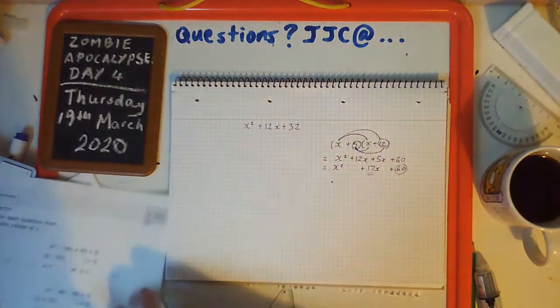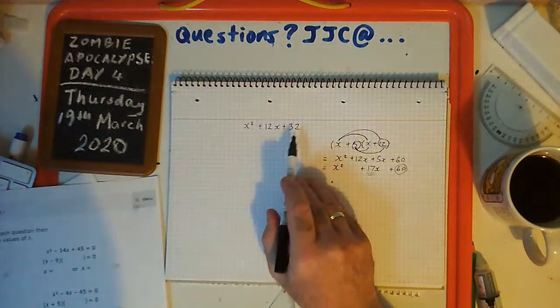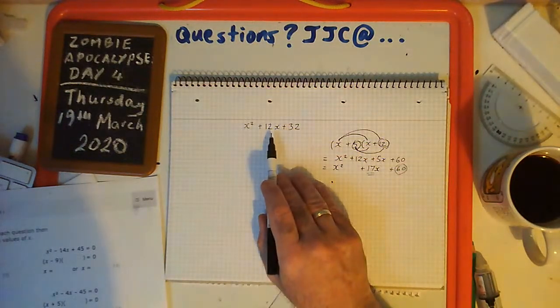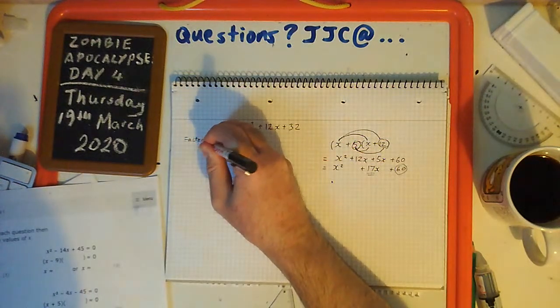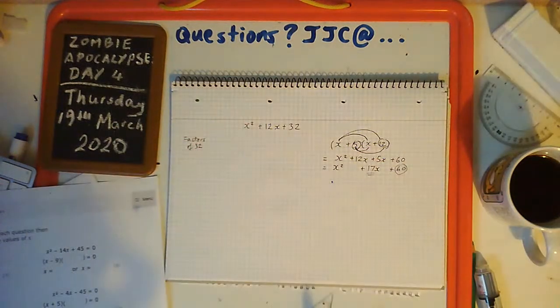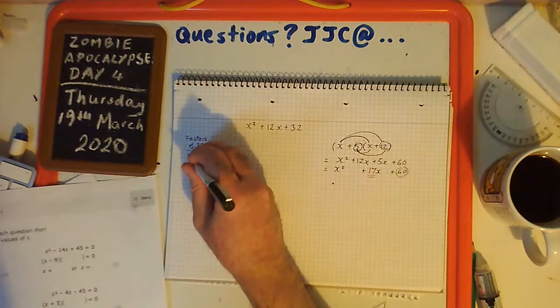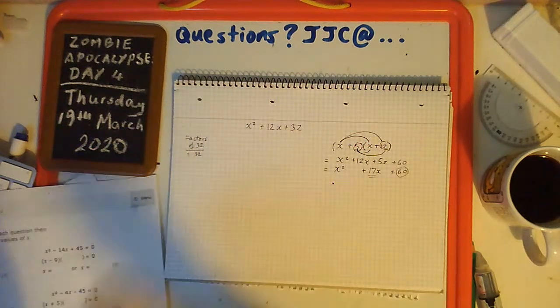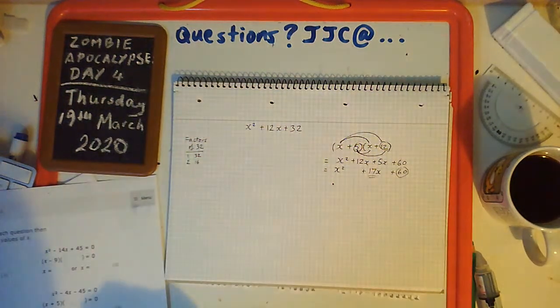So going back to the question on the iMaths, I'm looking for factors of 32 that add up to 12. I can make a little list of factor pairs of 32. It could be 1 times 32, or 2 times 16, or 3 doesn't go into 32.